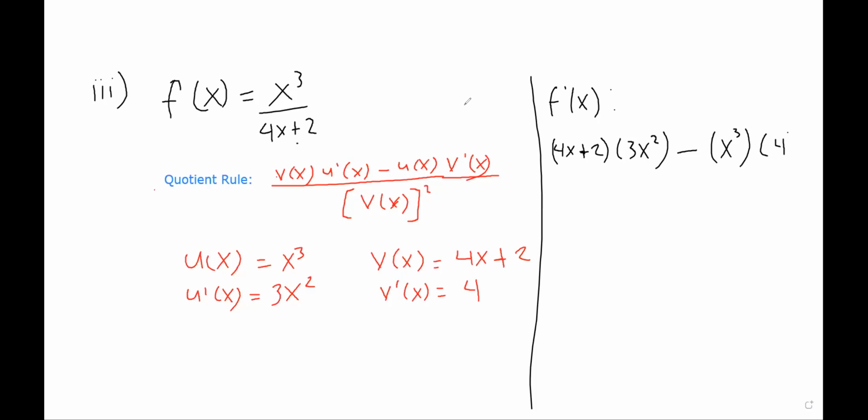All of that divided by the square of our v. And we say our v is equal to 4x plus 2, squared, and then there we go.